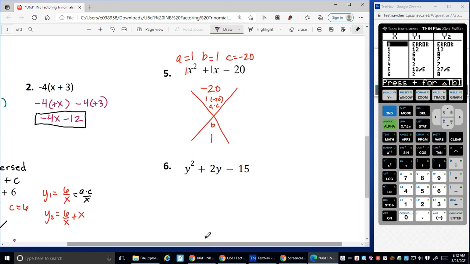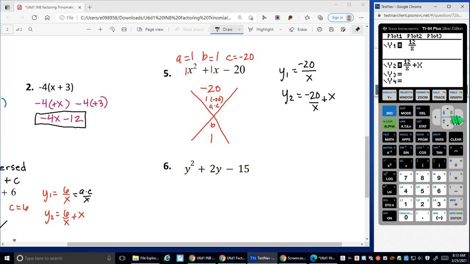Go to the right a little bit. Y1 will be, let's see, we take the number on top and put it on top over here. Okay, negative 20. And we're going to divide that by X. And then Y2 will be negative 20 over X plus X.